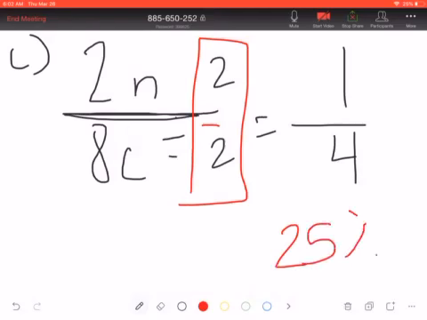So the percent of that is nuts is, I'll write that a little neater, 25% is nuts in each box.